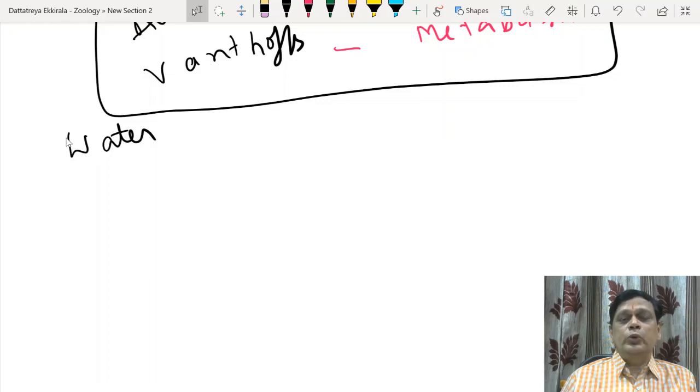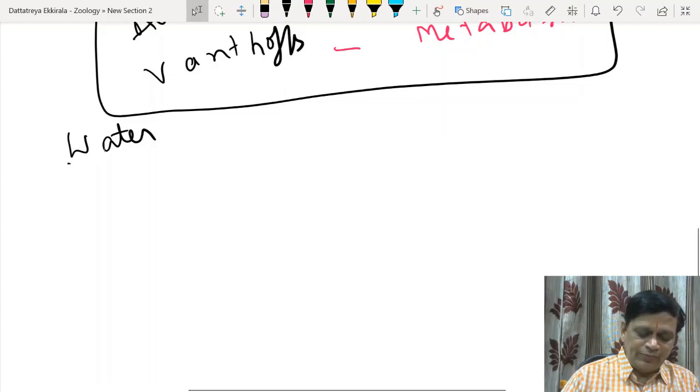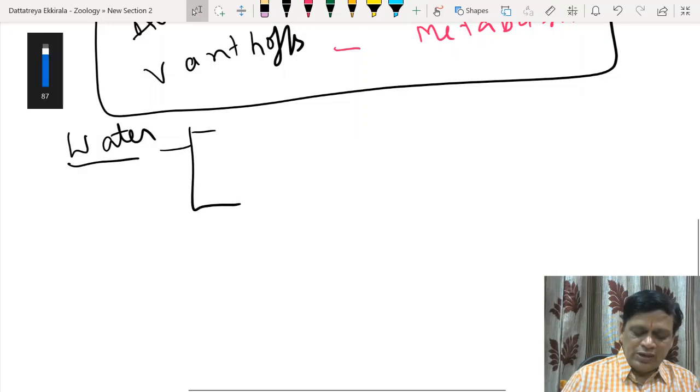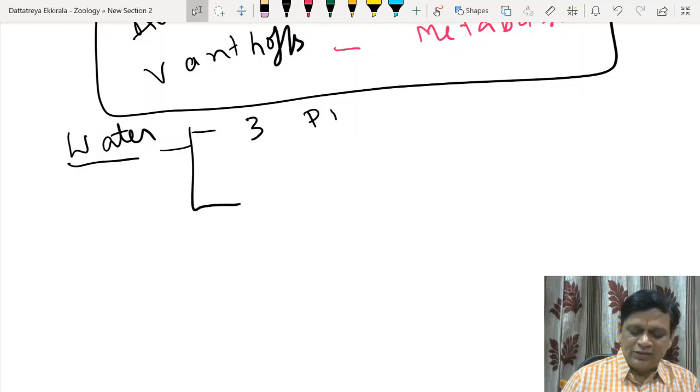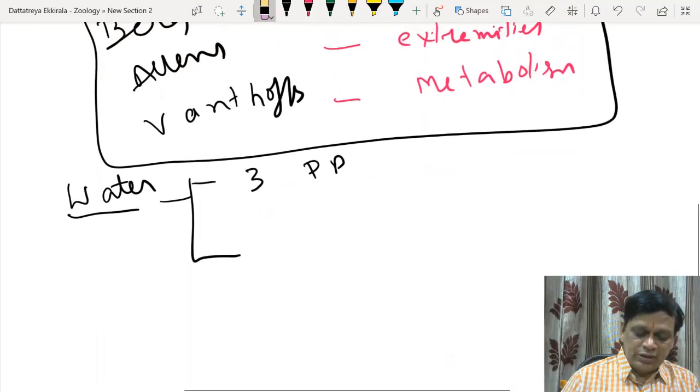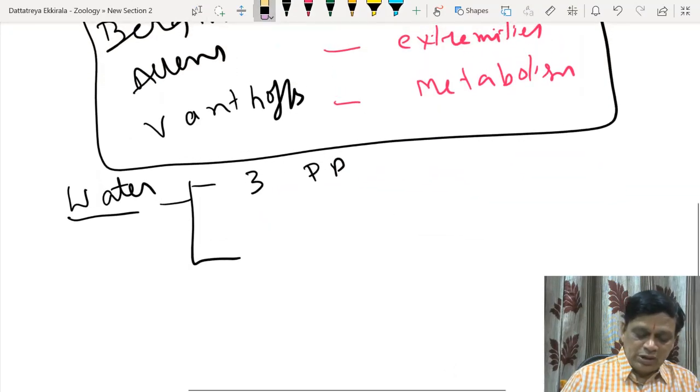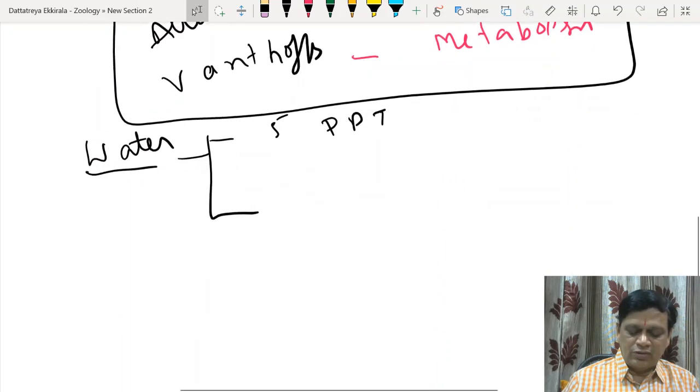But only few can tolerate fluctuations in salinity. So from this point of view, here we have to remember, if it is less than 5 parts per thousand, we can call the concentration fresh water.